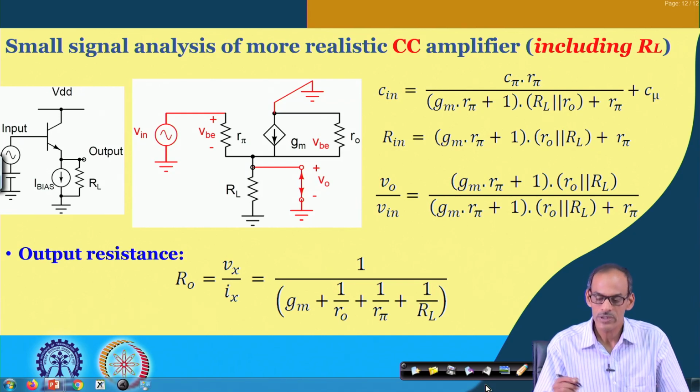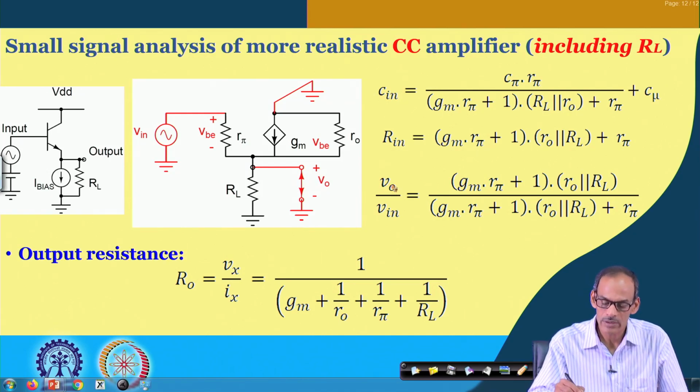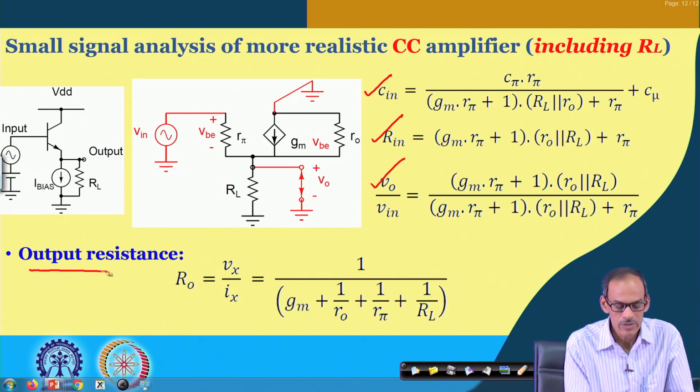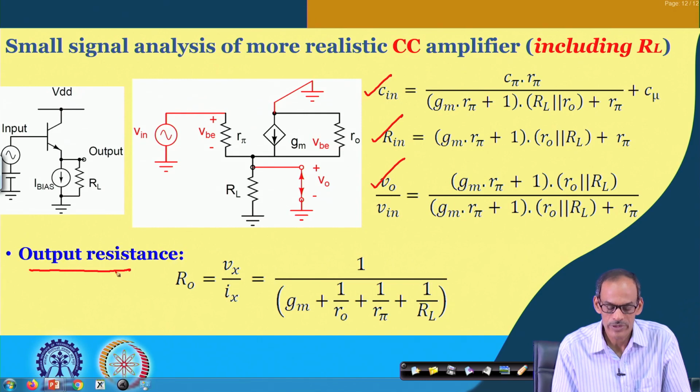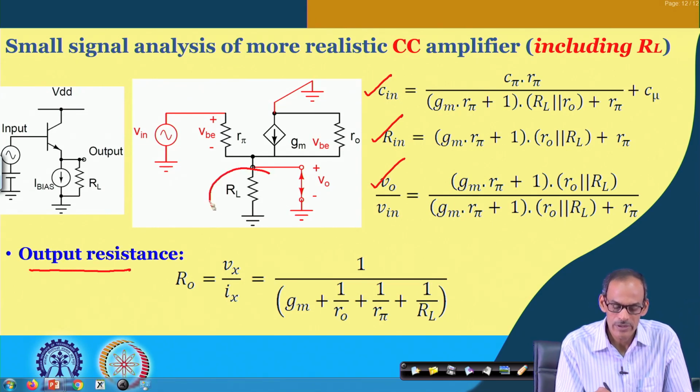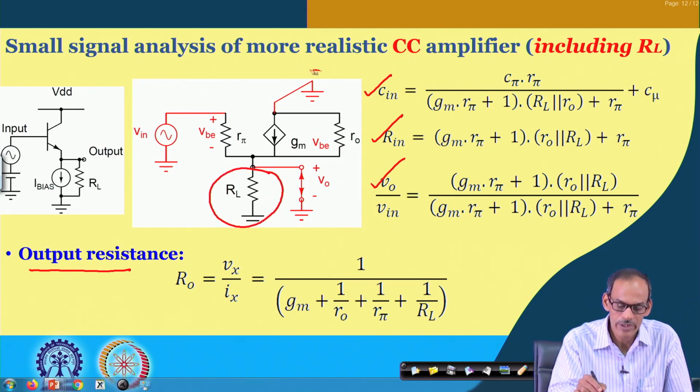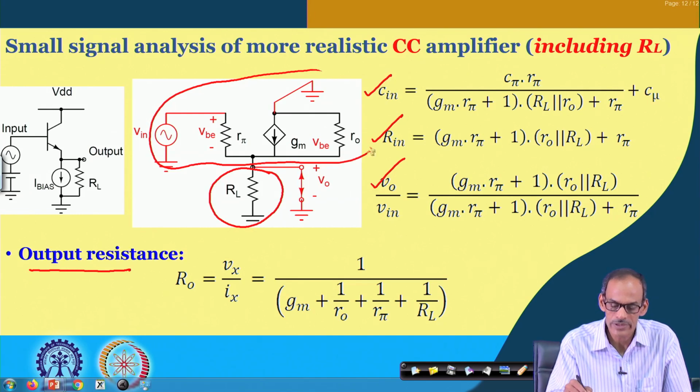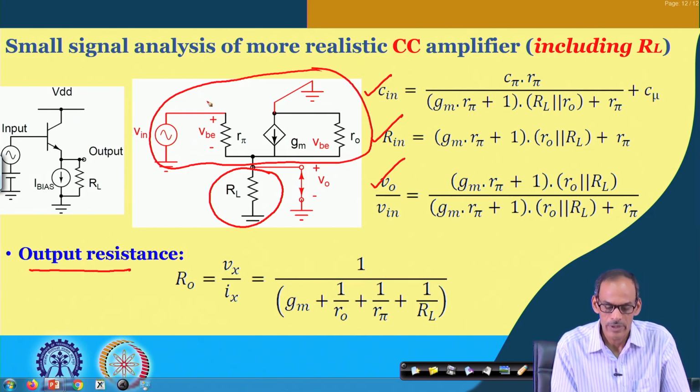The derivation of Cin, Rin and voltage gain we already have done. Now, in addition to that, if you want to know the output resistance, it is basically this resistance coming in parallel with whatever resistance we have in this circuit.